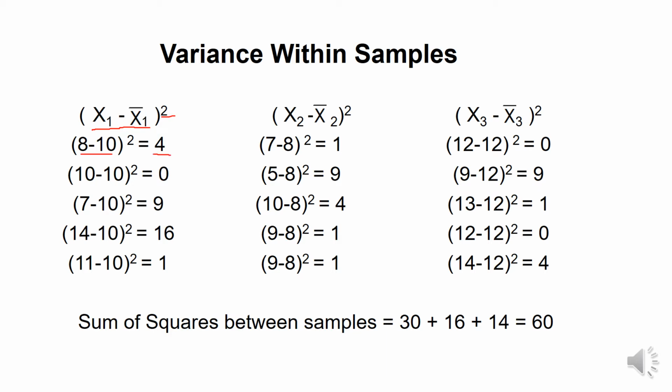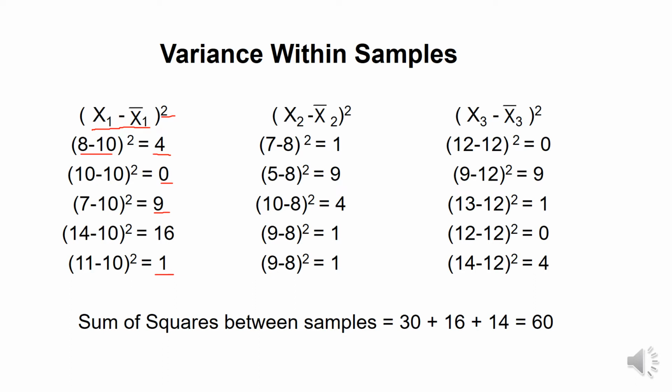Likewise, 10 minus 10 whole square is equivalent to 0. Thereon 7 minus 10 whole square, minus 3 whole square, is equivalent to 9. Likewise, 14 minus 10 whole square, 4 square, is equivalent to 16. And 11 minus 10 whole square, the square of 1, is equivalent to 1.